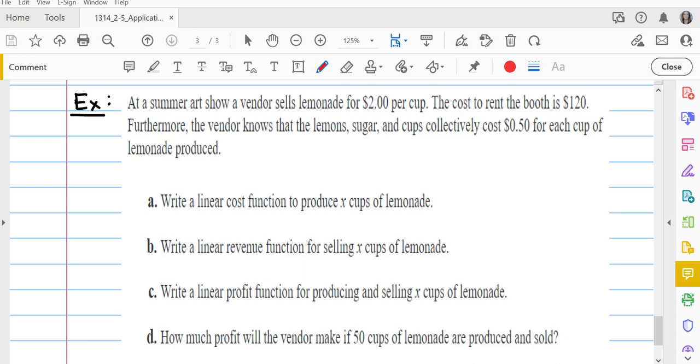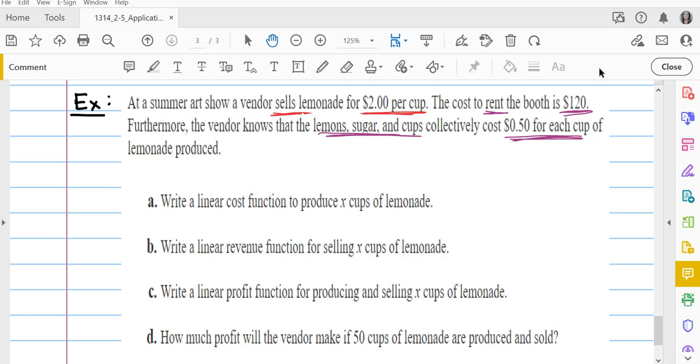So money coming in, it sells for $2 per cup. What about the cost function? The rent is $120, and all of the supplies cost 50 cents for each cup.